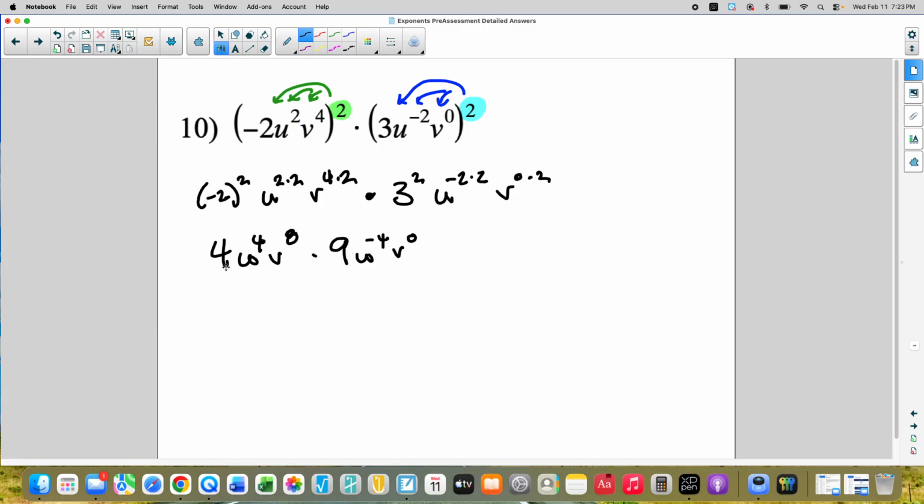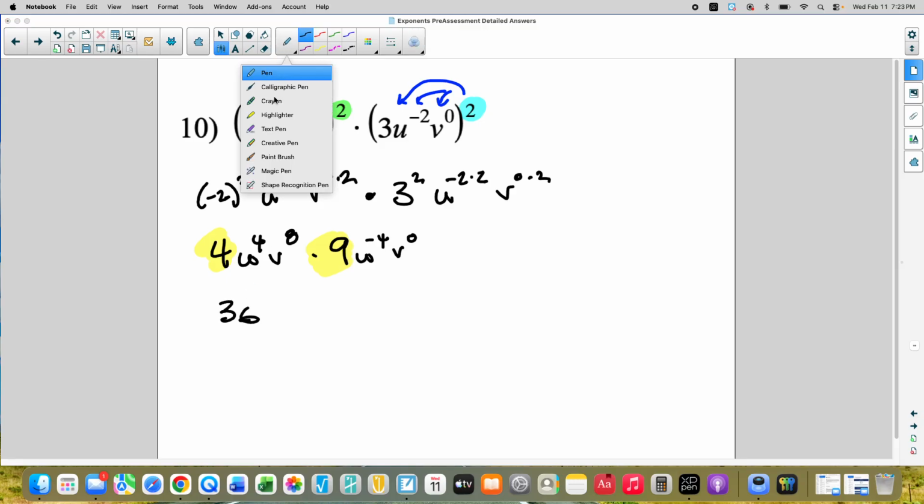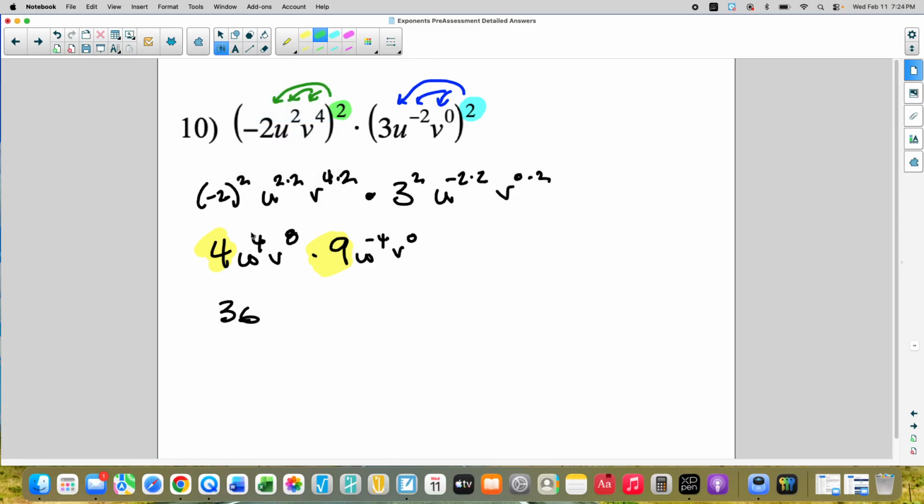All right, let's do coefficients. 4 times 9 is 36. U to the 4th, u to the negative 4. Since we're multiplying, we're going to add those. U to the 4 plus negative 4.